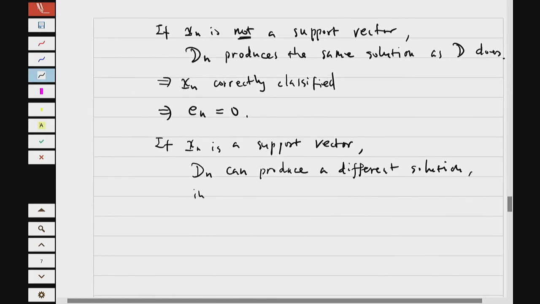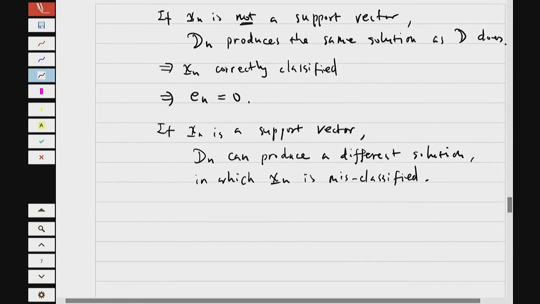In which Xn, let's say, is misclassified. So in that case, En can be 0 or can be 1. We don't know for sure, but anyway, we know that it's less than or equal to 1 because this is just 1 point, right?